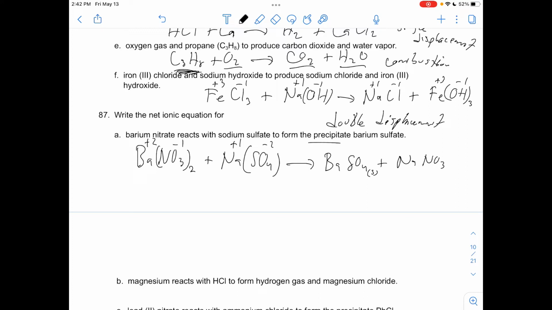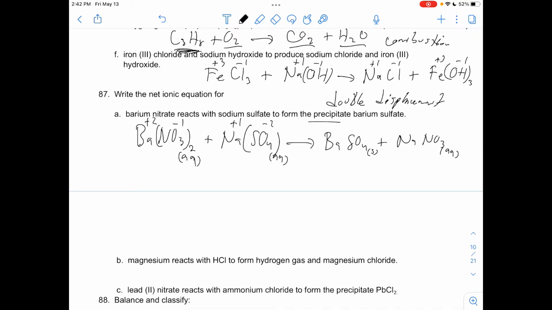Now notice the keyword is precipitate, so that means that this is solid, the rest are aqueous. This was one of those things where we added 2 solutions together and it turned cloudy or turned a different color, and there are chunks inside, solids precipitated.